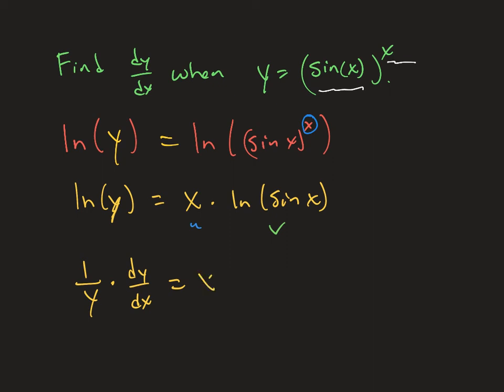So that's going to be x times, and then we have to do u prime over u for this derivative of natural log of sine of x. So that's going to be cosine of x, because the derivative of sine is cosine, over sine of x, because that's our u. So u prime over u. Plus the v, which is natural log of sine of x, times the derivative of x, which is 1. So this is just natural log sine of x.